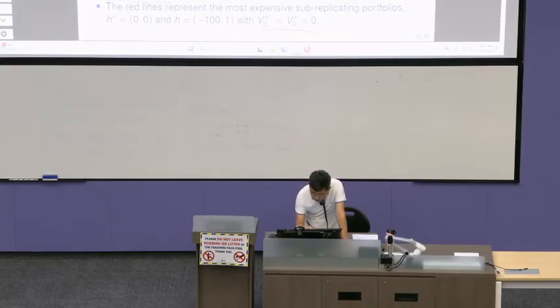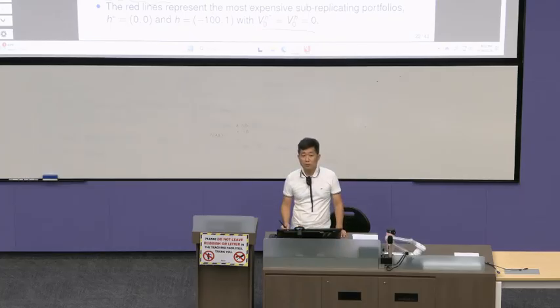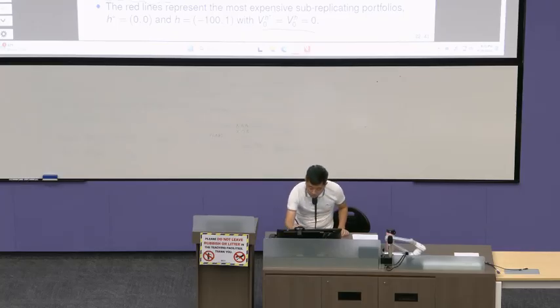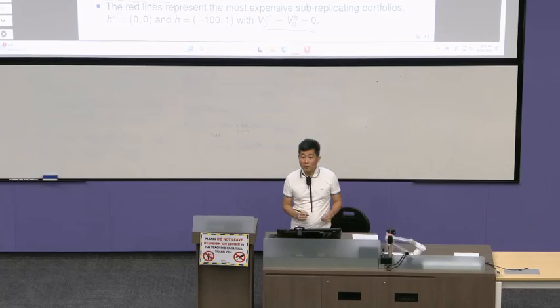Suppose I draw this line, is this a super replicating portfolio? It is, right? Because for all three points, this portfolio, let's denote it as H star, always gives me better payoff than the option.